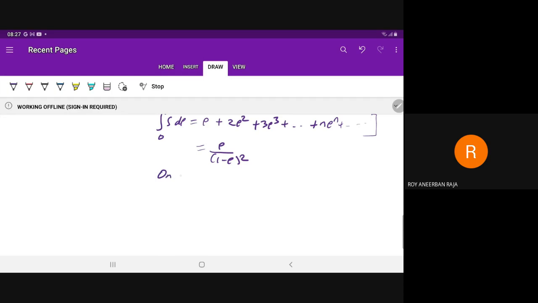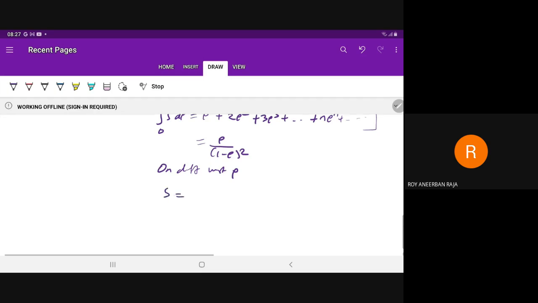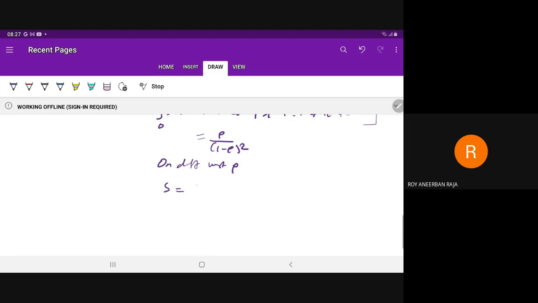Now on differentiating with respect to ρ, on the left hand side we have the S, and on the right hand side we have (1 minus ρ) whole square. Differentiation of the numerator ρ gives (1 minus ρ)² minus ρ times 2(1 minus ρ) upon (1 minus ρ)⁴.